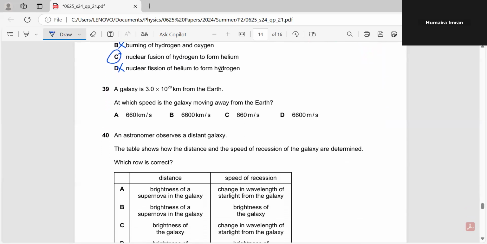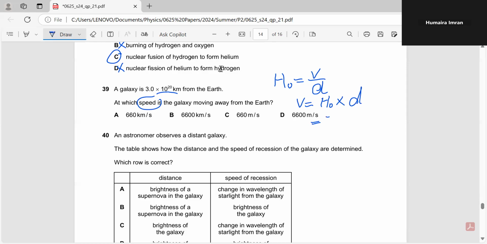A galaxy is 3 × 10^20 kilometers from the Earth. At which speed is the galaxy moving away from the Earth? Here we use the formula for Hubble's constant, which equals speed divided by distance. As speed is needed, speed equals Hubble's constant multiplied by d, the distance.